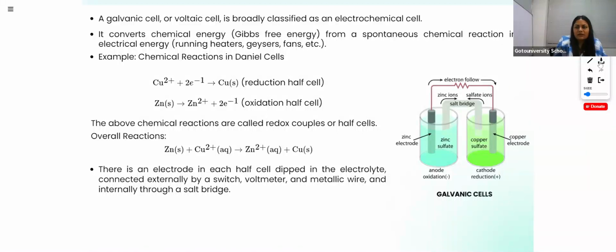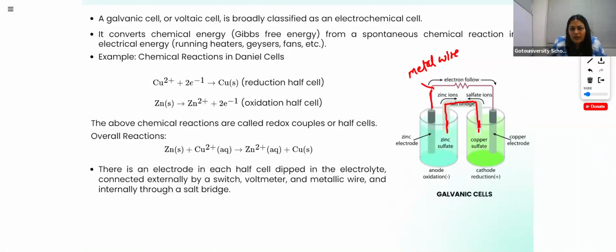Okay, so let's read this point here. There is an electrode in each half cell dipped in the electrolyte, connected externally by a switch, voltmeter, and metallic wire, and internally through a salt bridge. This is the setup that I have already discussed with you. Internally they are connected with a salt bridge, and externally with the metal wire.